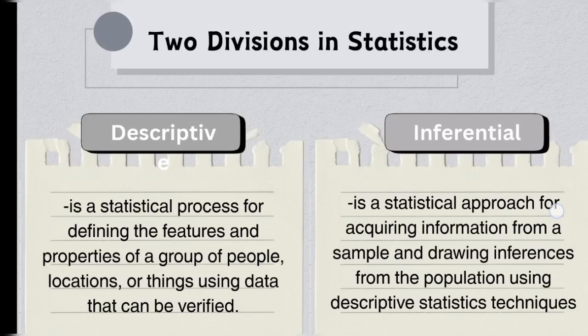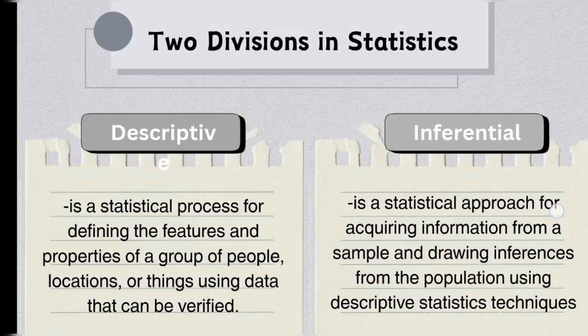Now, when we say descriptive, this focuses on summarizing what the data says, like averages, percentages, or visualization. Example, a bar chart showing favorite ice cream flavors. So it's all about describing what is.